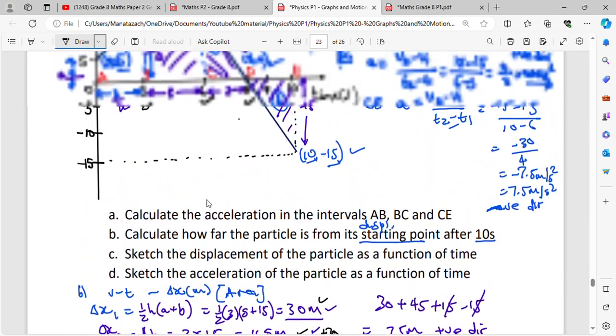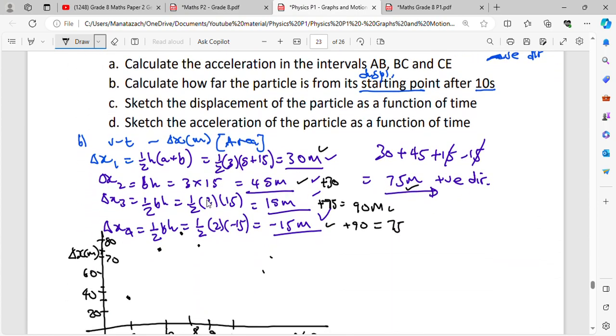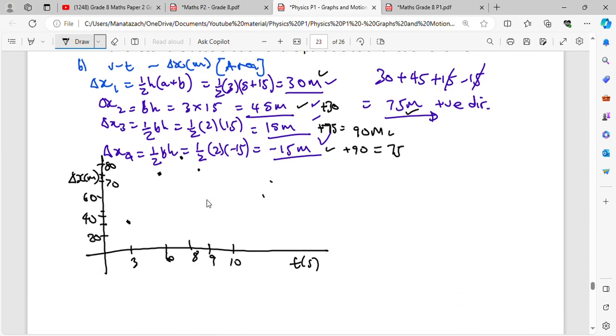It seems we did mix up the times. So at 8 seconds is supposed to have been our peak. Sorry, this point here, the 75 is here, rather. It's at 10 seconds, not at 9 seconds. So apologies for that. Let's wrap off this point.